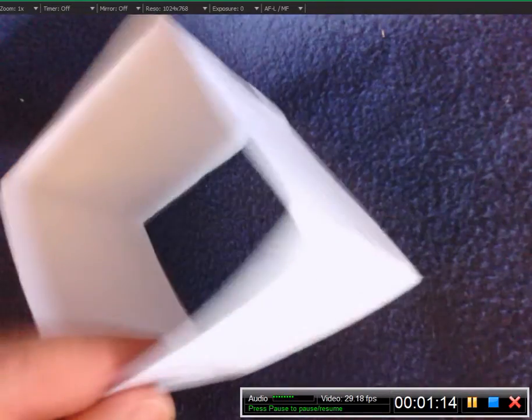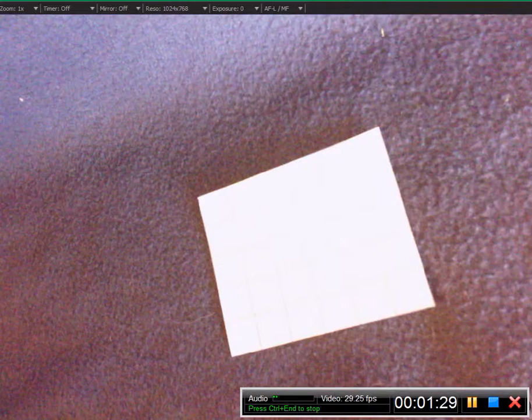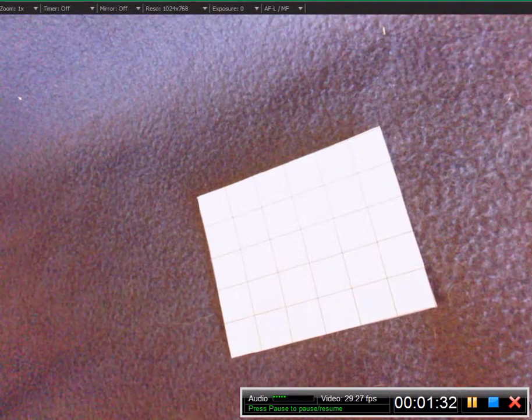Okay, if I look at each individual face here, each individual face is a 5 by 6 square with an area of 30.